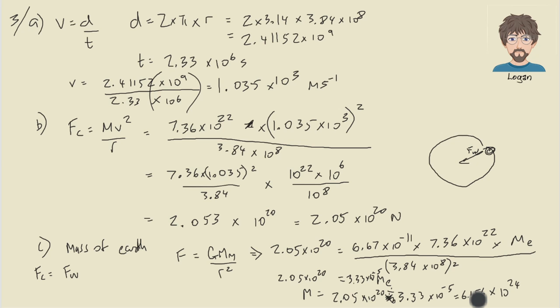That's the method anyway. The centripetal force is produced by the weight force, by the gravity force, and the gravity force can be found using this formula. So you equate the gravity force of this formula to the centripetal force you found in this part of the question. All right.